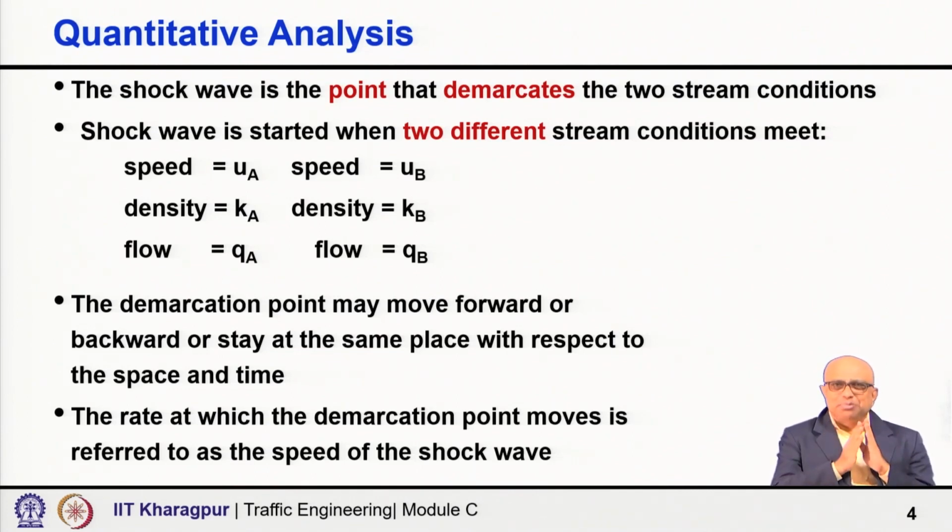Now, when the two stream conditions are meeting, the demarcation point may move forward, in the direction of the movement of the vehicles, or move backward, in the direction opposite to the direction of the movement of vehicles, or stay at the same point with respect to space and time.